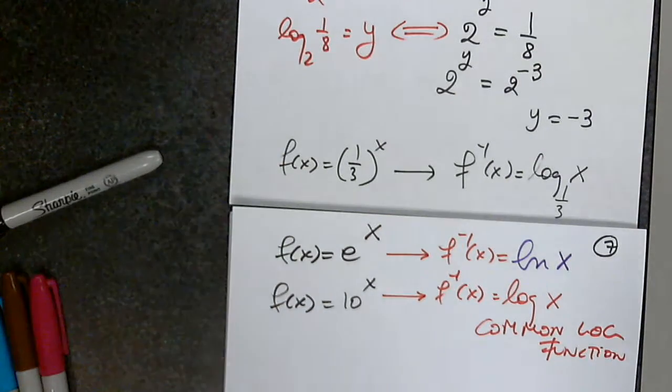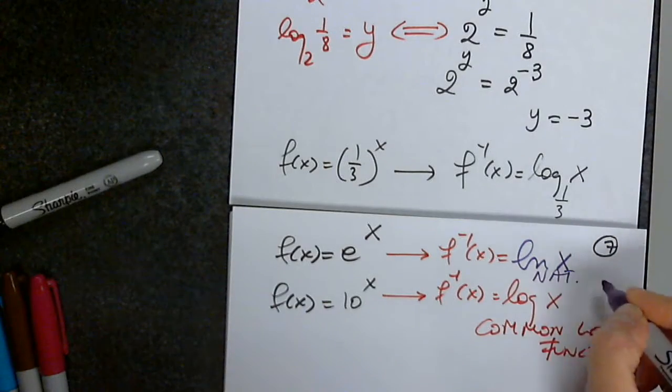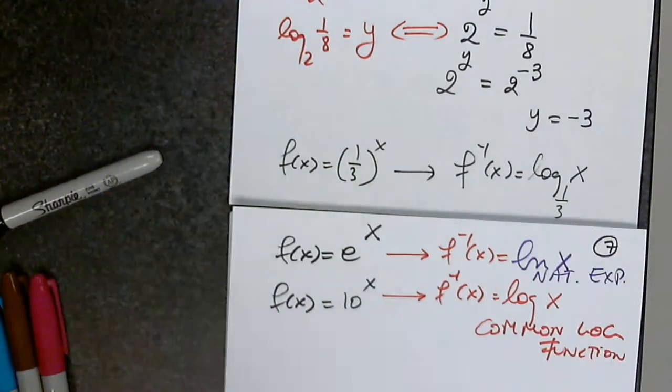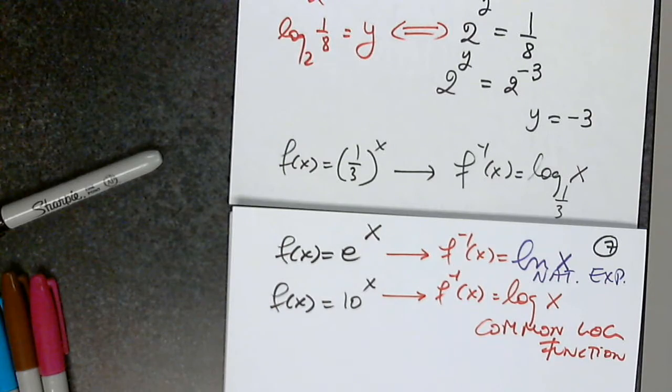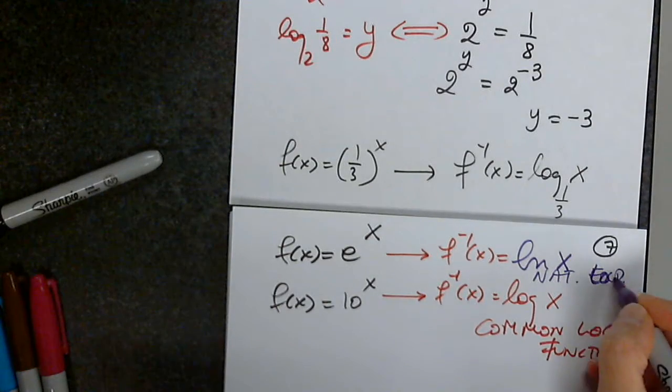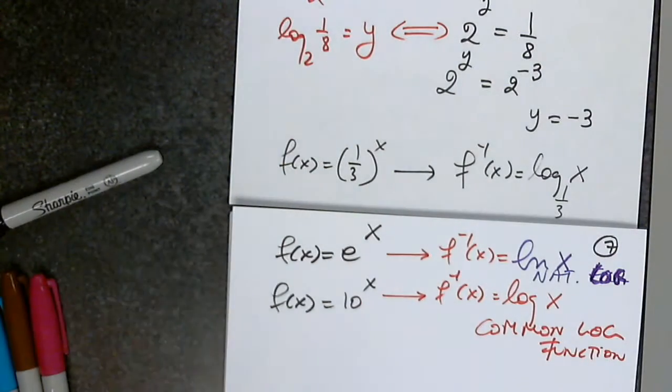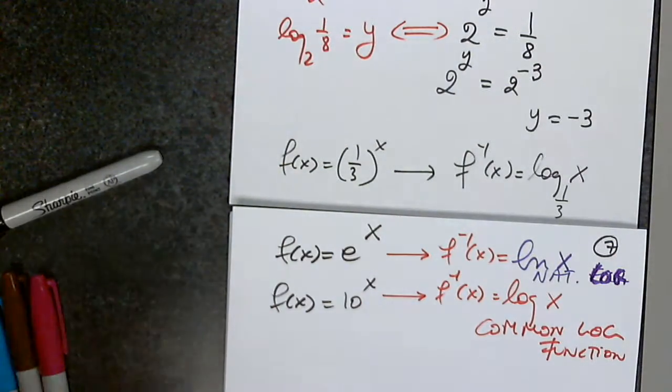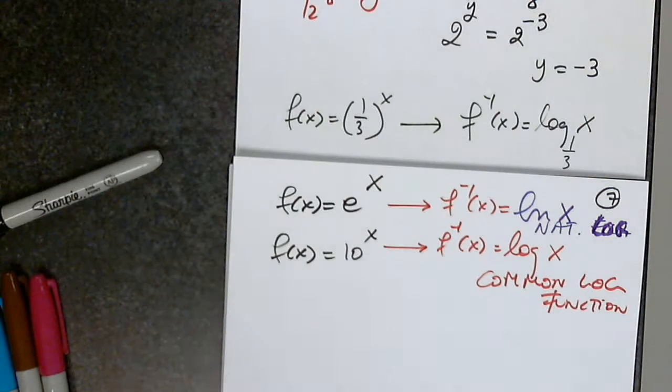Very good. So this is natural exponential. Natural log, of course. Sorry. Natural log. Very good. I would like us to practice going back and forth from an exponential to a log on page 749.